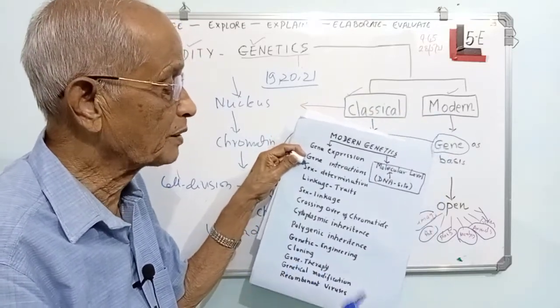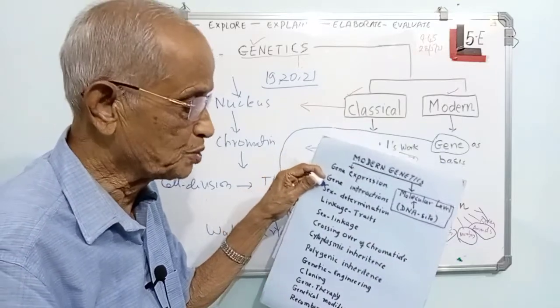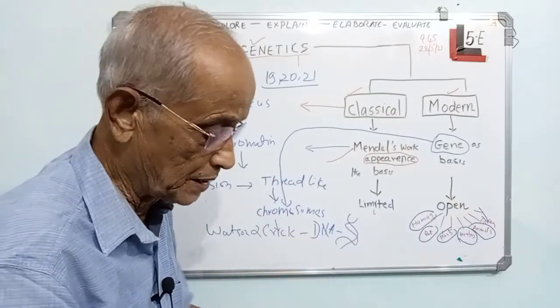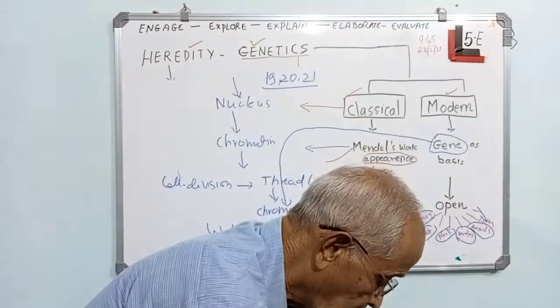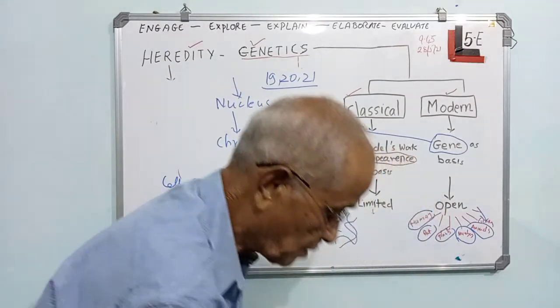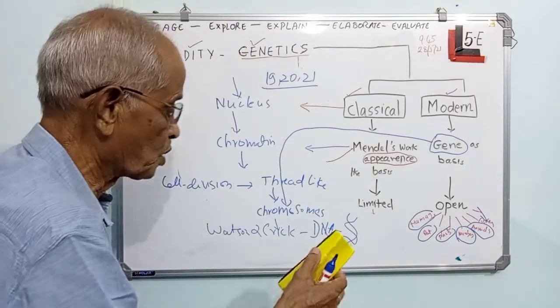All these can be studied in different parts, especially using gene as the basis for genetics. Therefore, modern genetics has a large amount of openness to do research and find out more and more.